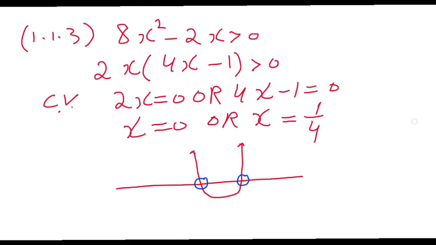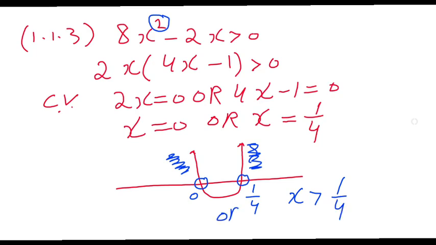Because of x to the power 2, this is a parabola, and the parabola opens upward, positive on top. Above the x-axis, the parabola is positive. So there is the value 1 over 4 and the value 0. So x is greater than 1 over 4, or on this side x is less than 0. The parabola is positive. X greater than 1 over 4 on the right hand side, the parabola is positive. So this is my final answer.